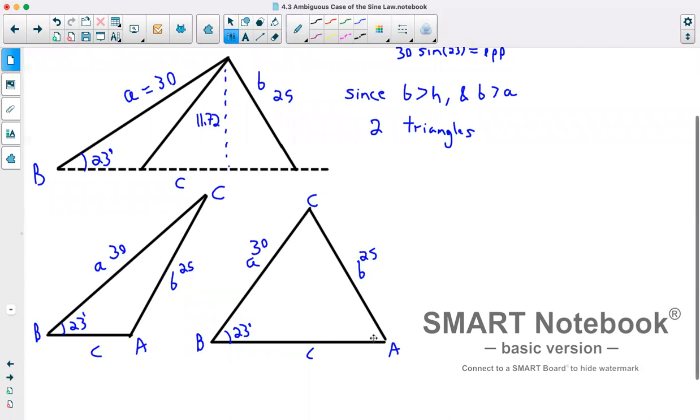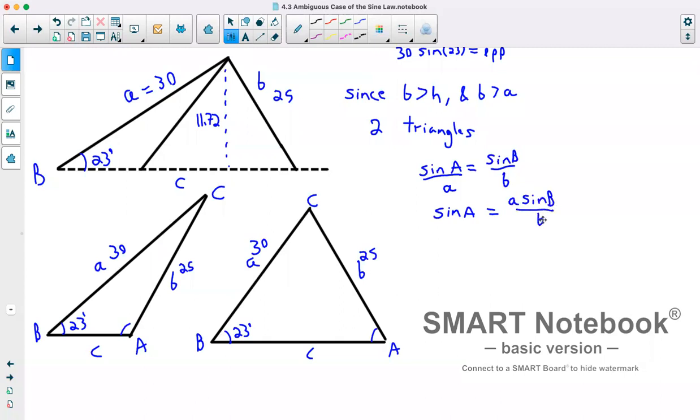Instead, what we'll do is we'll solve for angle A. Now to do that, in both triangles, we have a side opposite our angle, so we've got an angle-side pair. So I'll go sine of A over a is equal to sine of B over b. We want to get sine A on its own, so that's sine of A is equal to a sine of B over b. So we'll start substituting values in.